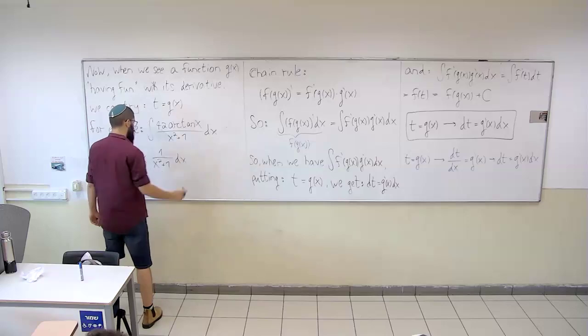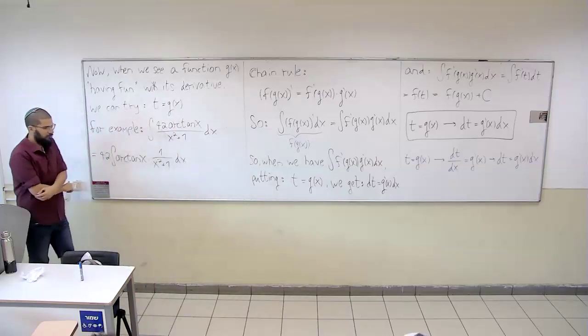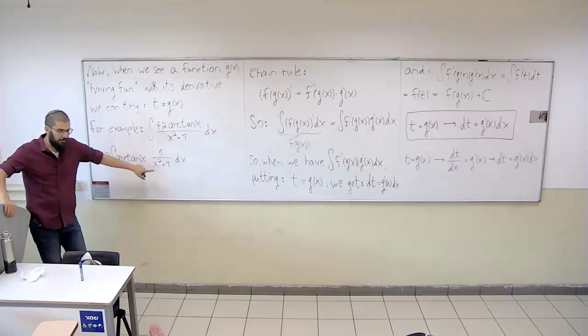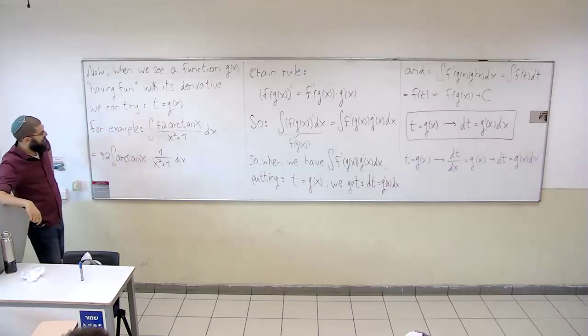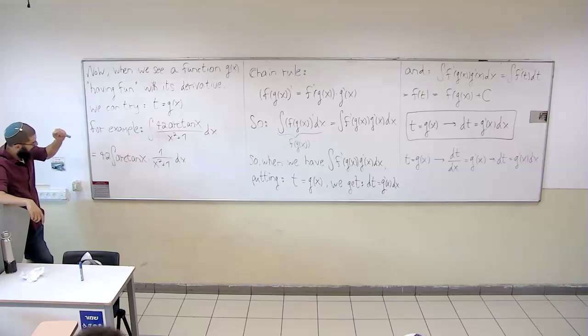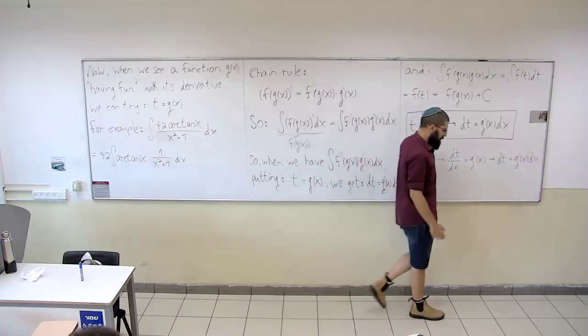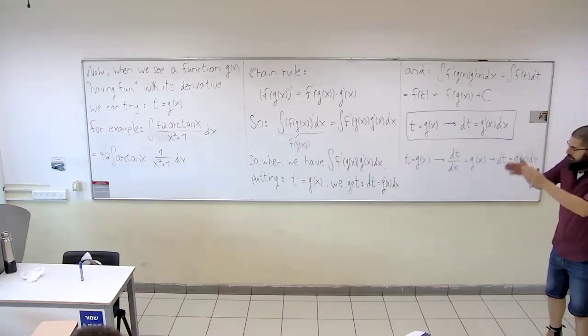Now, what's the derivative of arctangent? 1 above x squared plus 1. And this was the first example, so it might be simple. It's a good start.